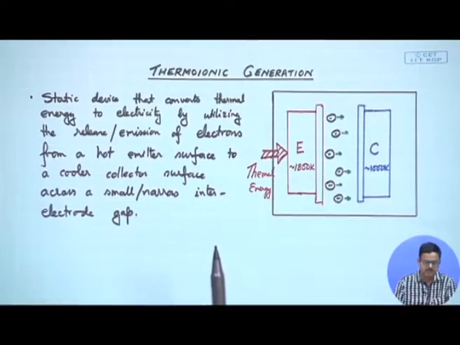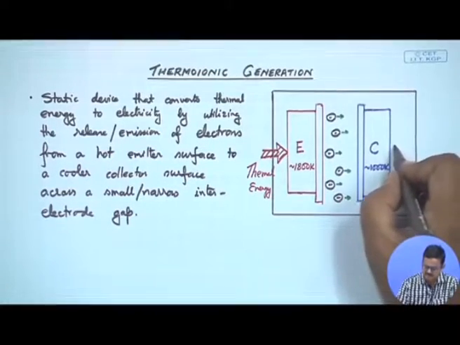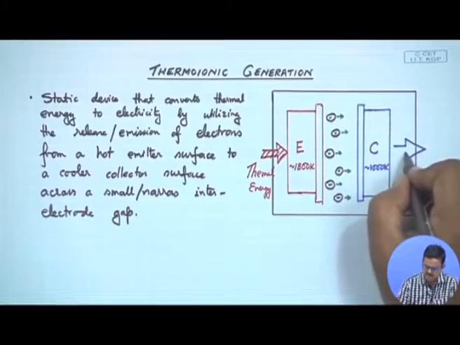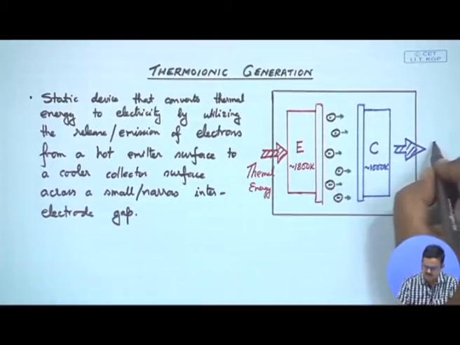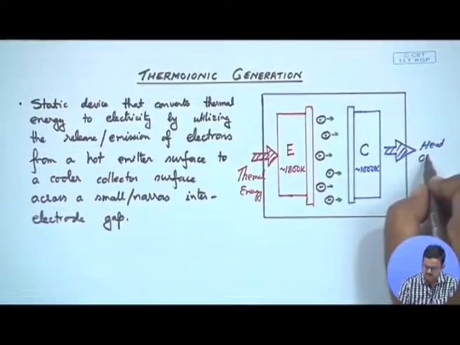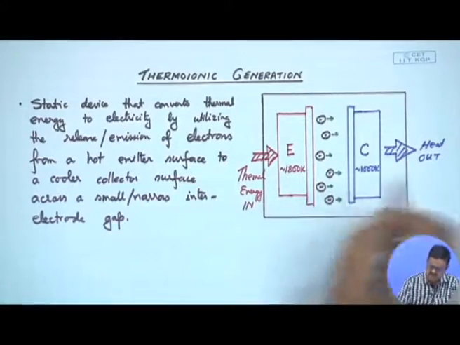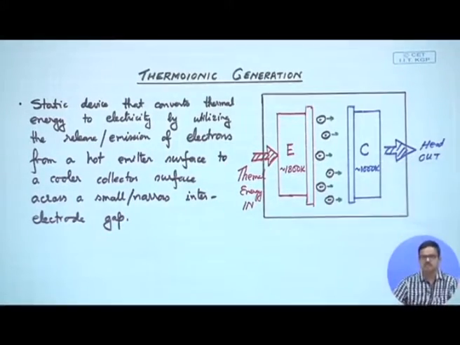Therefore, when the electrons go and hit the collector surface, they release their energy, and that will be dissipated from the other end again in the form of heat. So, I would say this is heat out. This was thermal energy in, this is also heat out, waste.